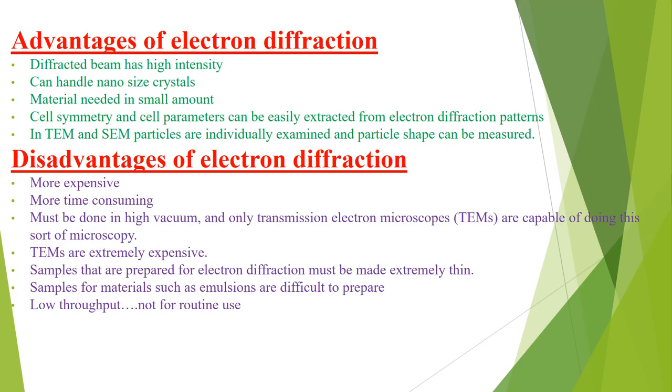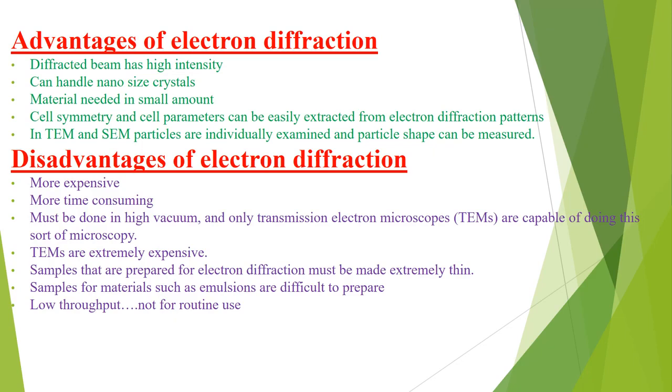And there are some disadvantages of electron diffraction. This technique is more expensive, more time consuming, and it must be done in high vacuum, and only transmission electron microscopes are capable of doing this sort of microscopy.